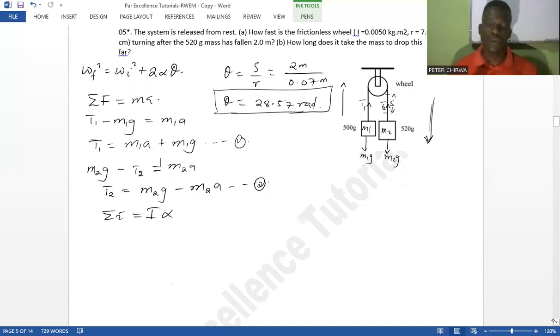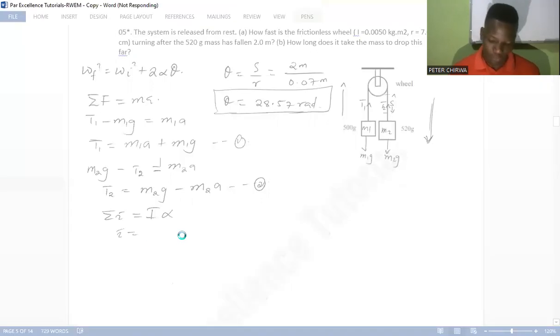Now, we know that torque is given by the force times the perpendicular distance, which in this case is basically the radius of that wheel.